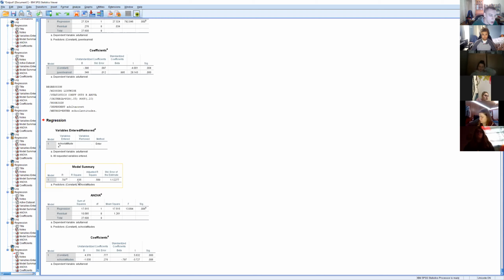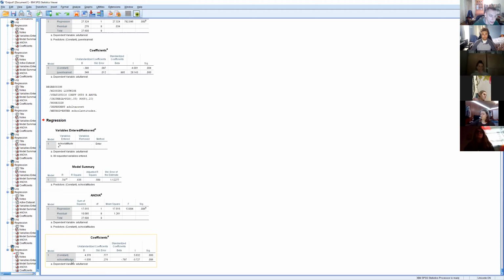All right, so we go down here again to the coefficients, and notice we have a negative B. What that means is that the relationship between school attitudes and adult arrests has a negative correlation.